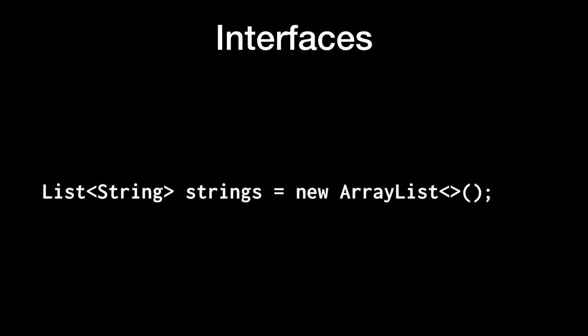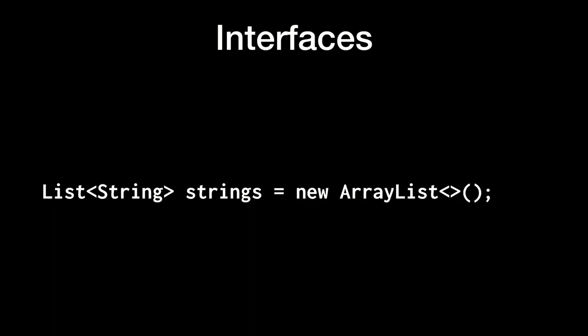So now let's return to that line we had before where we created a new list of strings. And hopefully this is going to make a little more sense now. On the left, list is actually an interface. So we want to say that the type is something that conforms to the list interface, or implements everything inside of the list interface.